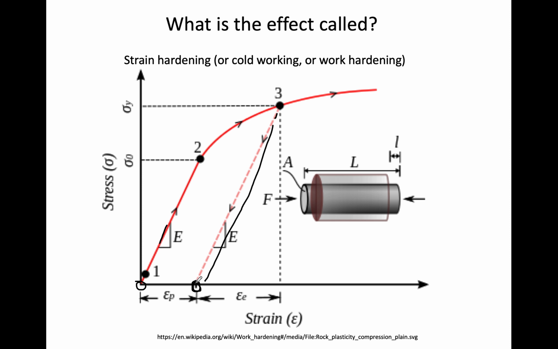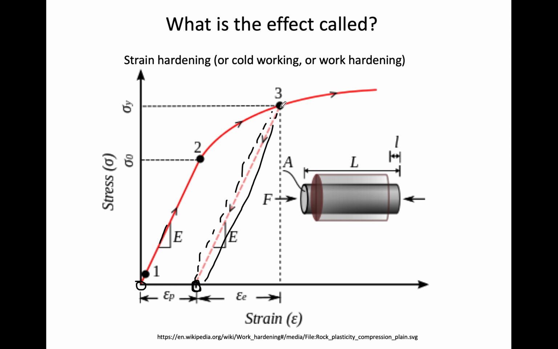Now the interesting thing about this phenomenon, if you were to load this again and you started to go up the stress strain curve again, I'm not doing a very good job following this line, but it would follow this line exactly, up this dotted line. The dotted red line is really what it's following. I'm just trying to recreate that, but it would be coming up this red line, and it would not deform plastically until 0.3. All right, so that's a really interesting phenomenon because you notice 3 is higher than 2.